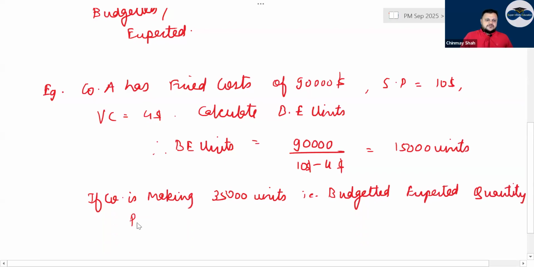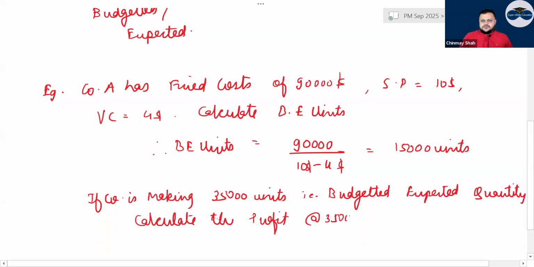Prepare or calculate the profit. Calculate the profit at 35,000 units.